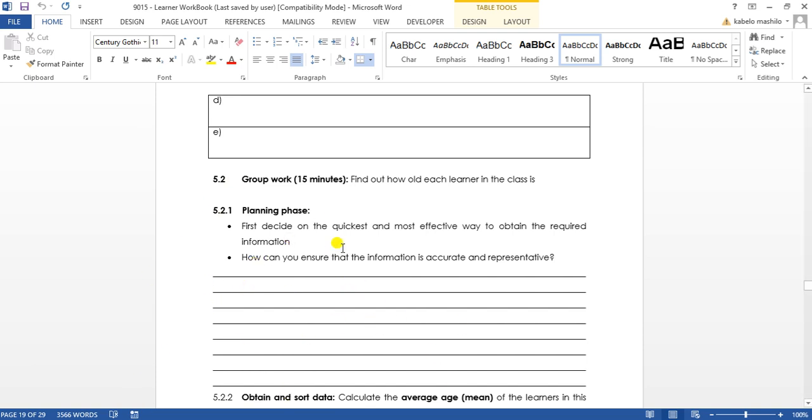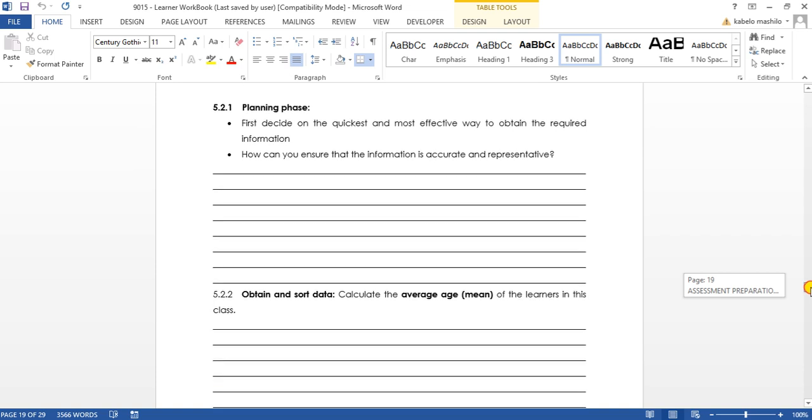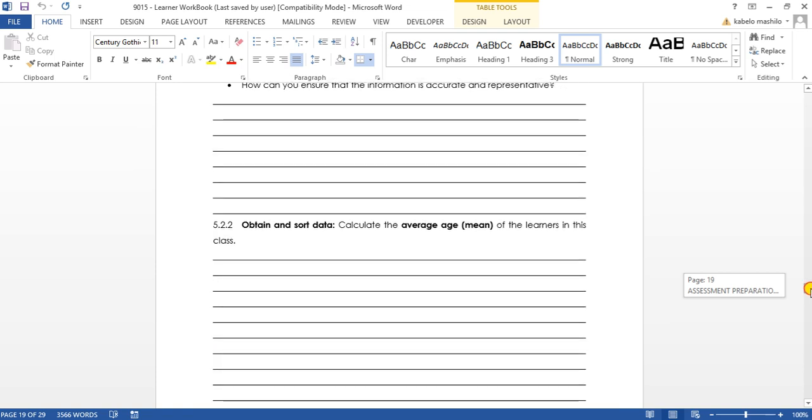Whether you do it randomly, you go to each class and count randomly, or you do it based on a class list you are given, so you group those learners based on the class list and so forth. You'll think of other ways, and then you'll have to obtain and sort data.